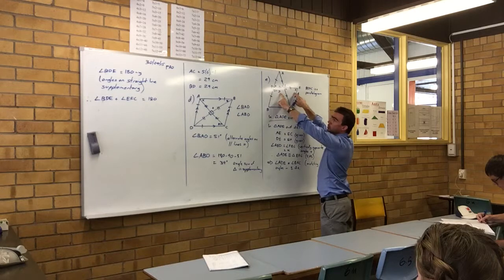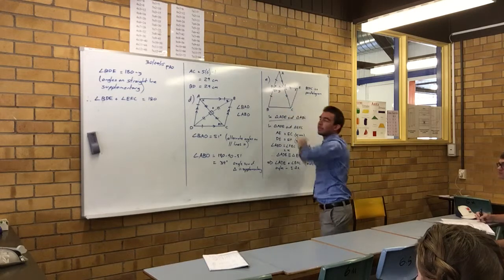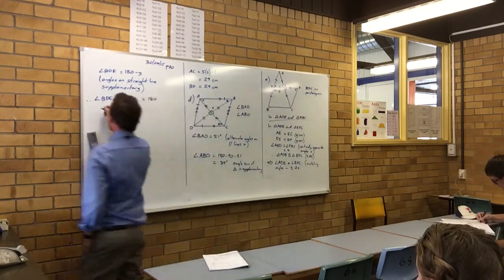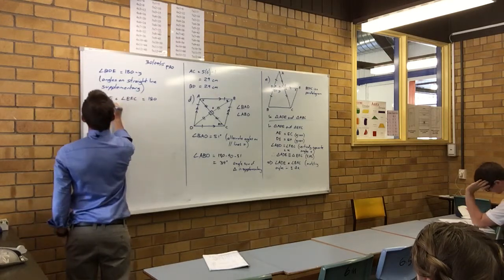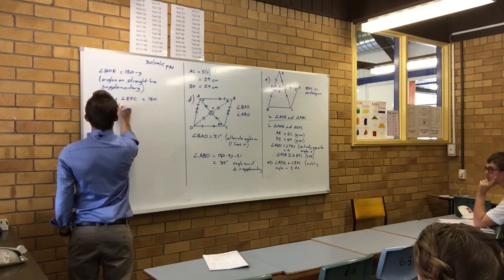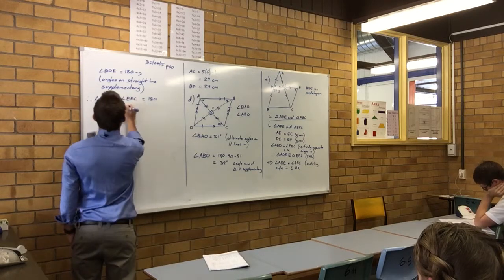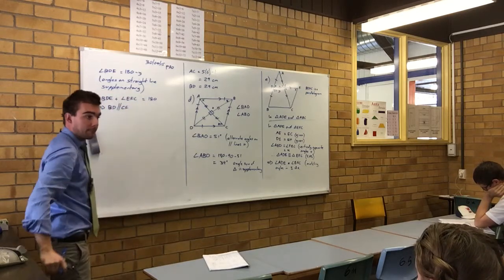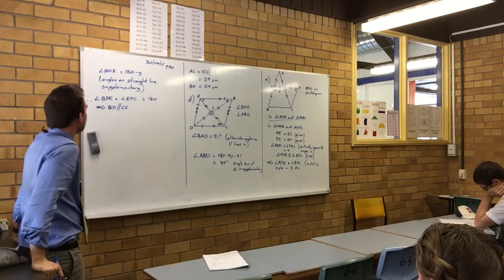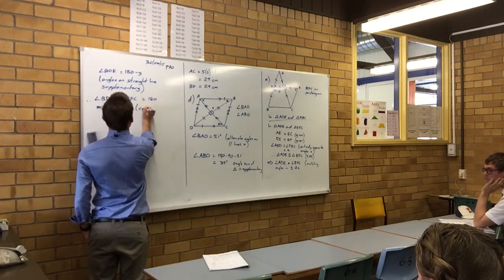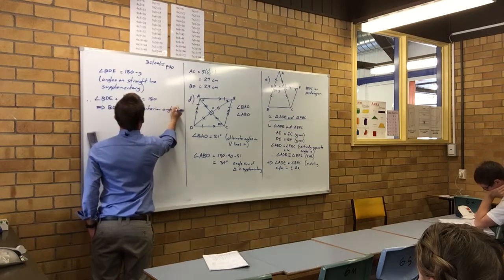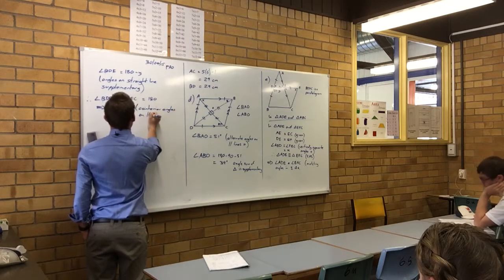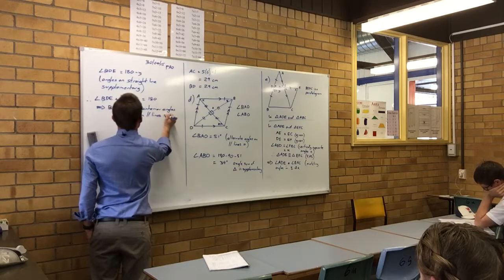That plus that, the y's will cancel and you're left with 180, which is a supplementary result, which implies that BD is parallel to CF because co-interior angles on parallel lines are supplementary.